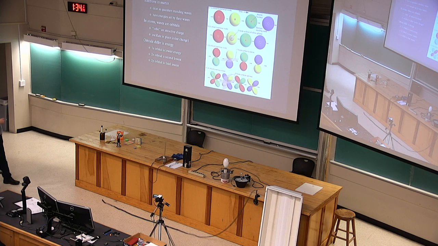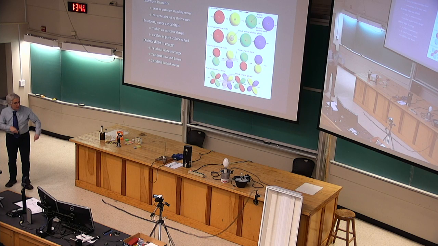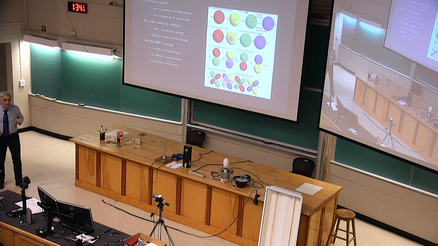And the 2s orbital looks a lot alike. The difference between the 2s orbital and the 1s orbital is that it has a node in it. But the nodes that I was showing you when I had the string dancing were points along the left-right line. The nodes in a two-dimensional standing wave, like on the head of a drum, are often lines, not points, because they can extend over a second dimension.